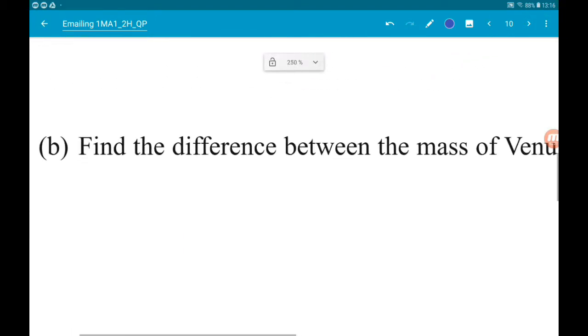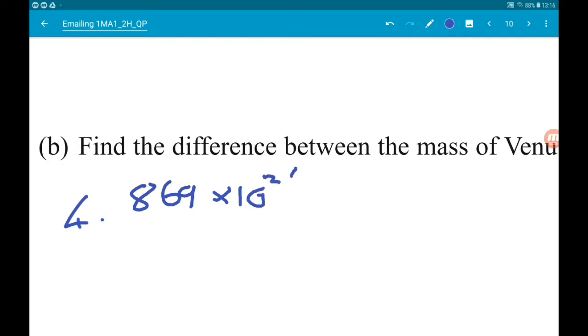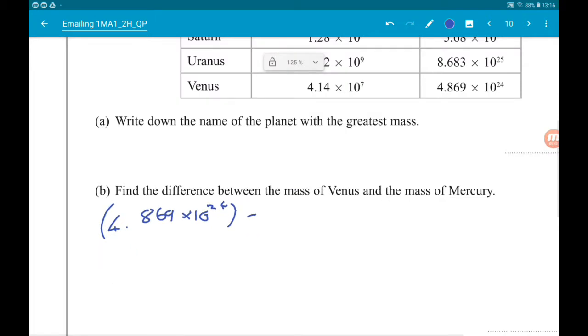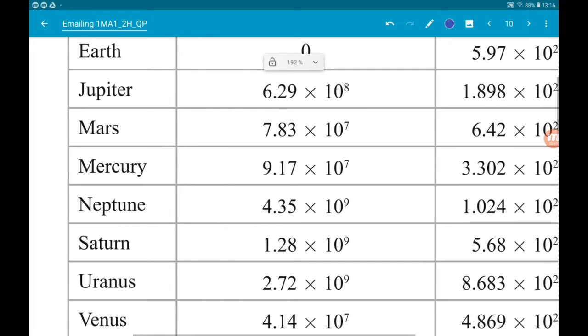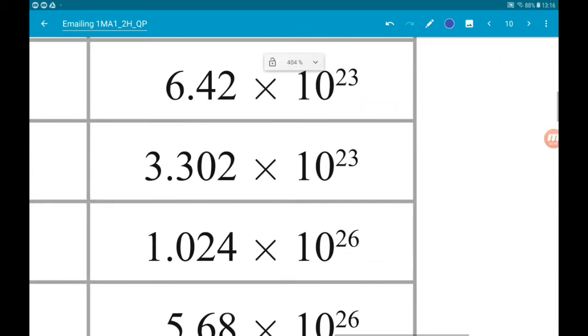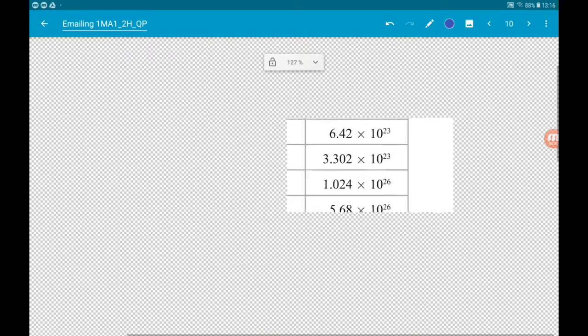So we're doing 4.869 times 10 to the 24 minus the mass of Mercury, which is 3.302 times 10 to the 23.